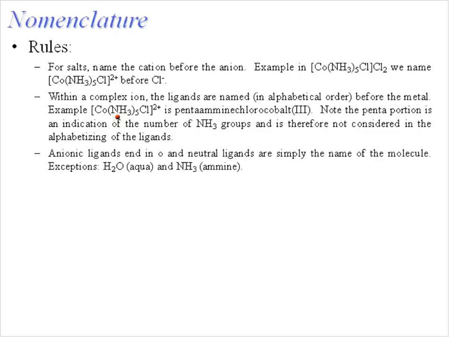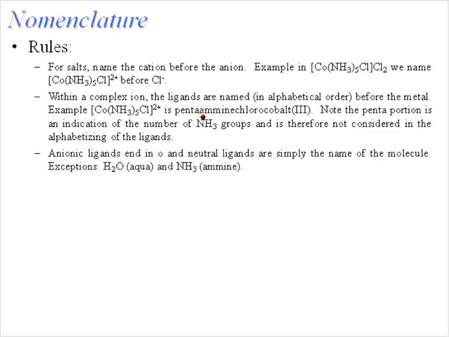Now, this fellow has come 5 times, so that penta you add before A. And then you need to tell the valency of cobalt. That you can easily find. It's like oxidation number.